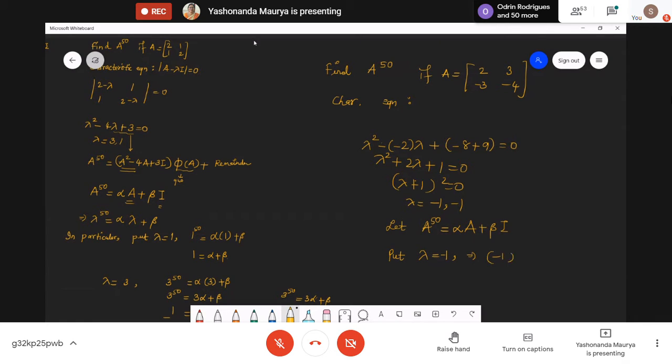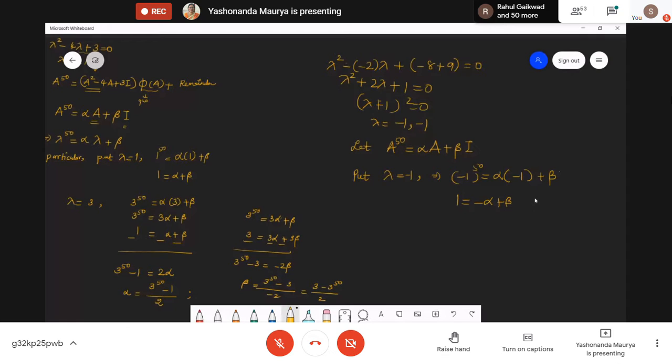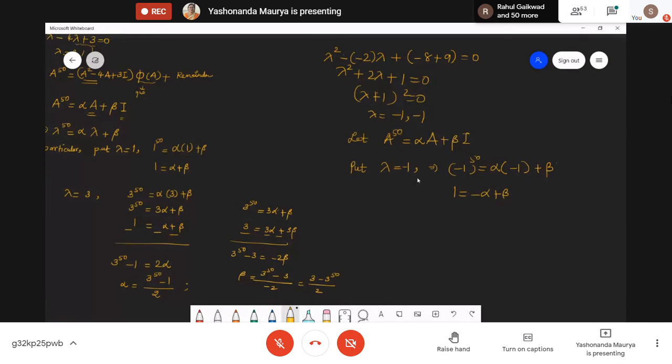Minus 1 raised to 50 is equal to alpha into minus 1 plus beta into I. I is 1. Is this clear? So this is what we have obtained: 1 is equal to minus alpha plus beta. Now, how do we solve this? We want to find the values of alpha and beta, so we should get two equations.